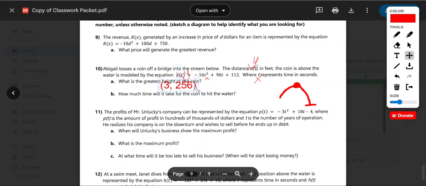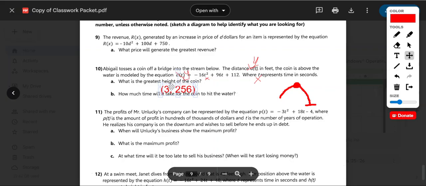Well, if we're talking about the height of the coin, height is going to be how far up or down it was, right? So we're going up or down, and up or down is always going to be our y. We can also tell because it says the distance of the coin above the water, and we want to know how far the coin was above the water at its highest.